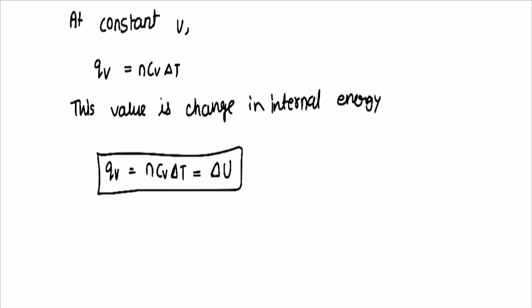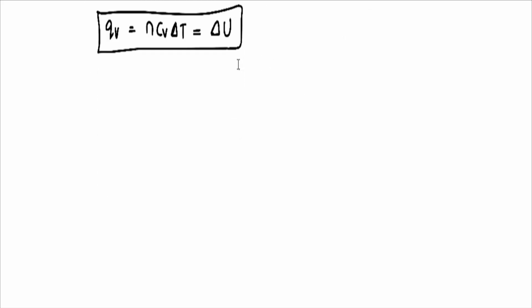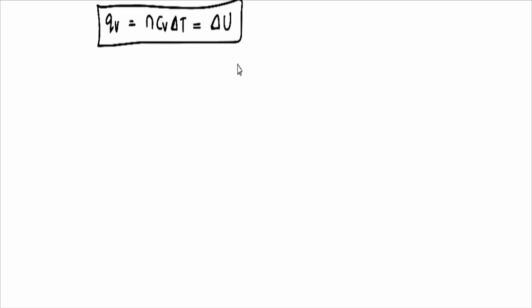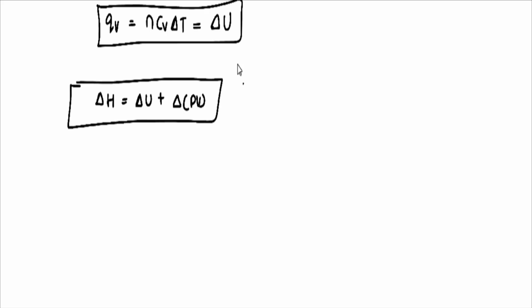Now also we know the relation between delta H and delta U is delta H is equal to delta U plus delta PV. This is the standard relation, for 1 mole of a gas. What we will do is substitute the given data.